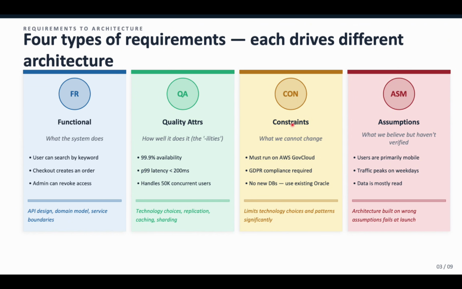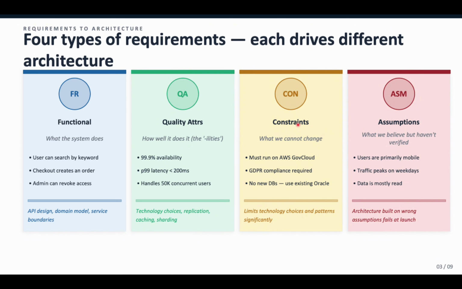And then we have the constraints. These are the non-negotiables, the things you cannot change. Must run on AWS GovCloud, right? That is one constraint, because the customer is a government agency. Must comply with GDPR, because your users are in Europe.